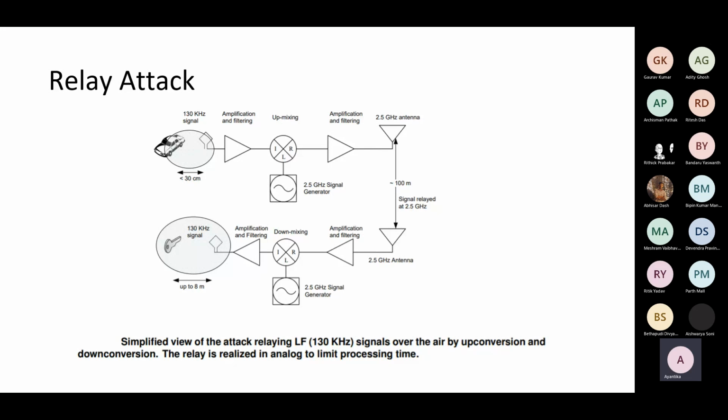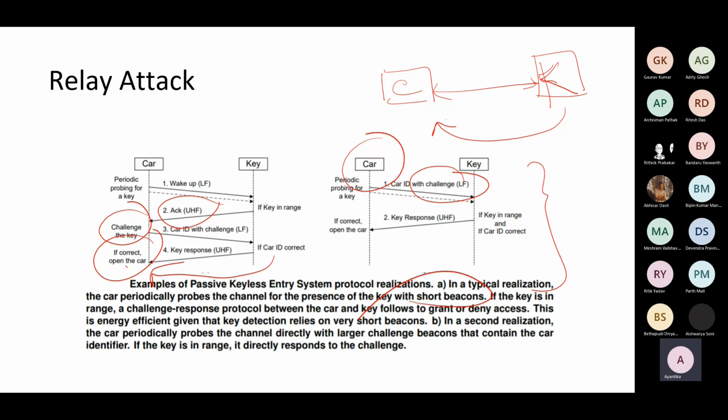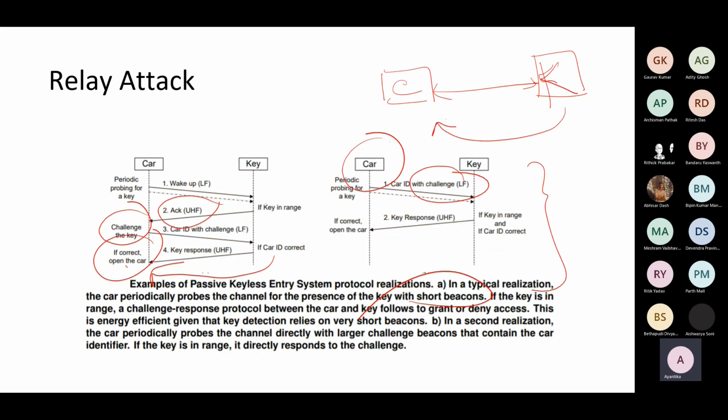In the same way, the challenge response, the key's answer to this challenge, is passed back through amplifiers and filtering techniques to the car. Even though your car key is in your pocket, just by modulating and amplifying those signals and channelizing them to the car, someone else can actually open the car.